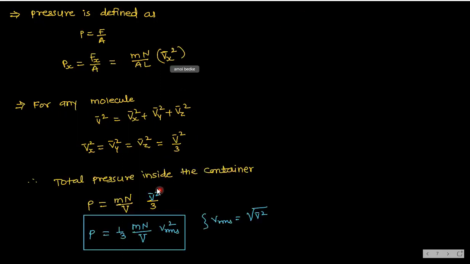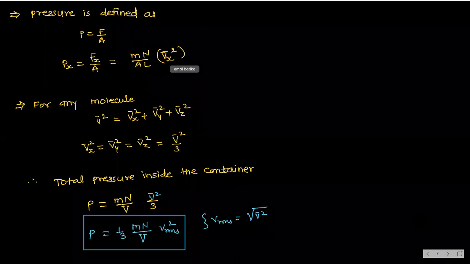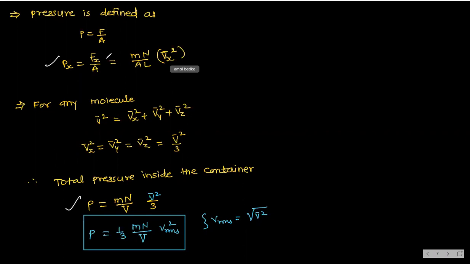And we are going to substitute this value in place of Vx bar whole square, that is V bar square by 3. And this area into length I'm going to replace with volume V. Here I have substituted mN as it is, area into length with V, and Vx bar whole square with V bar square by 3. Now this is equal to 1 by 3 mN by V times V bar square, and this V bar square is nothing but Vrms.